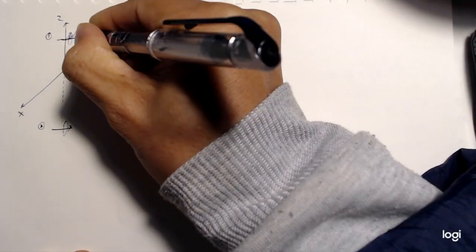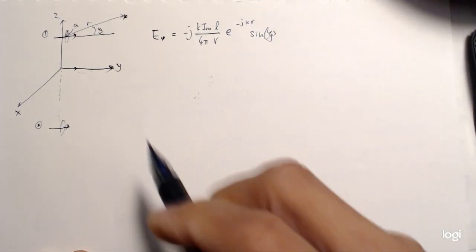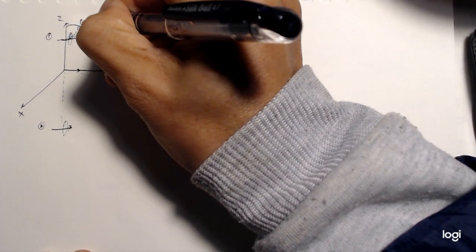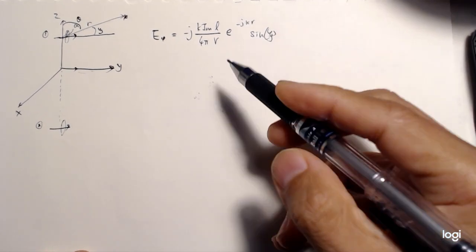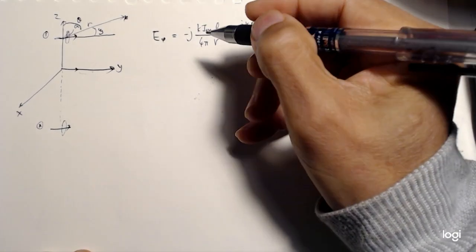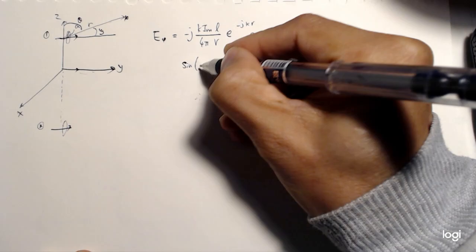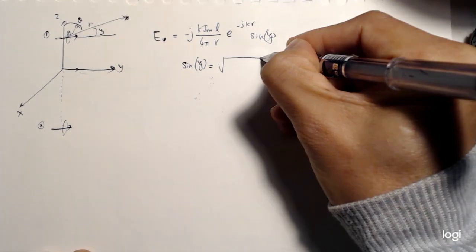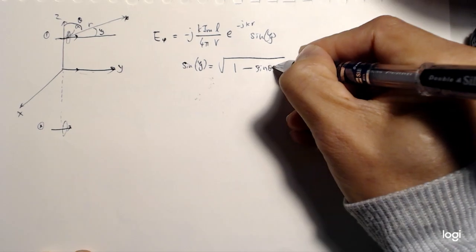So this is the angle psi. This angle is not in the same plane as theta, so bear in mind that sine of psi is equal to the square root of 1 minus sine squared theta.